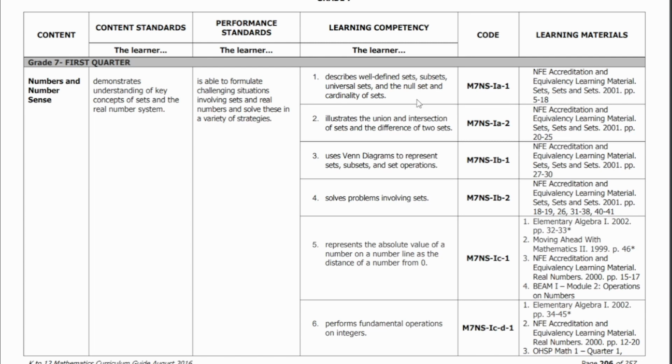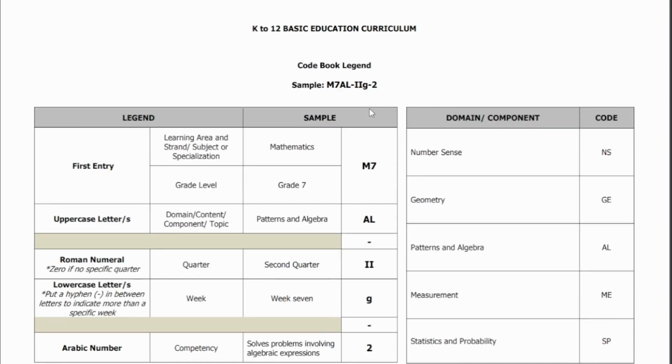Okay. To my fellow teachers, I will use the code in the description. If you don't know how to read the code, I implore you to read this. Here we go. So we have the code book legend right here, and a sample. The first entry would be the subject and then the grade level, so Math 7.